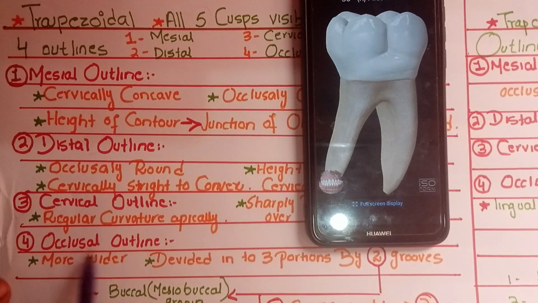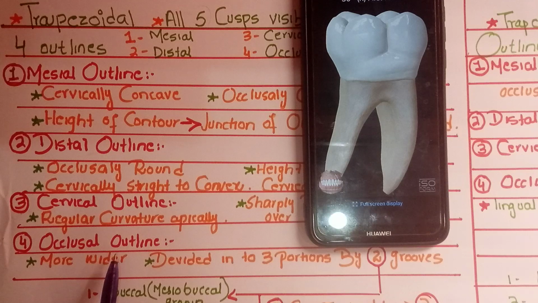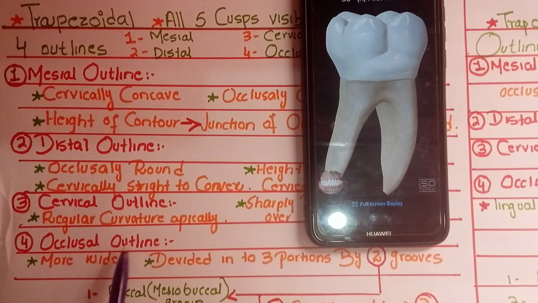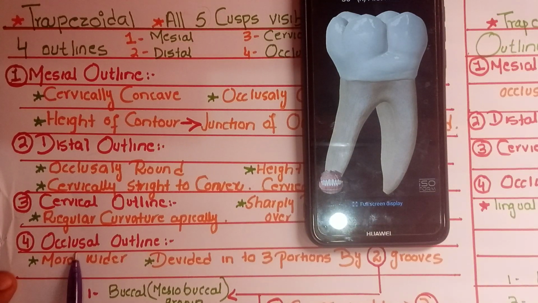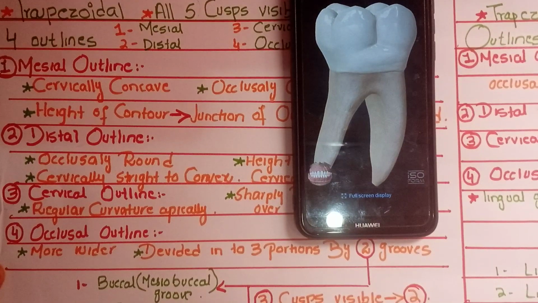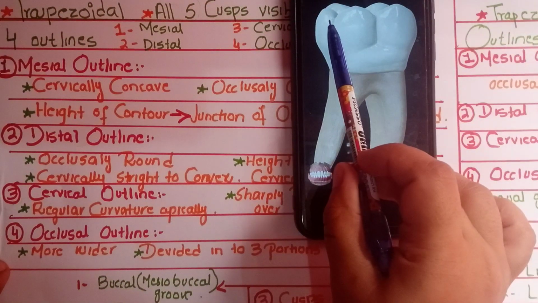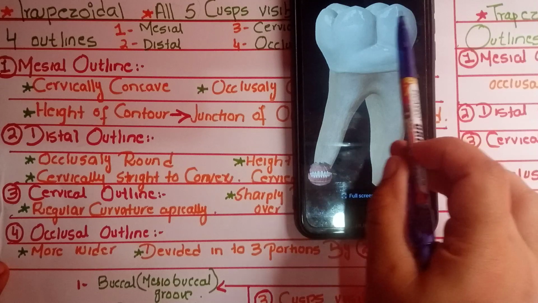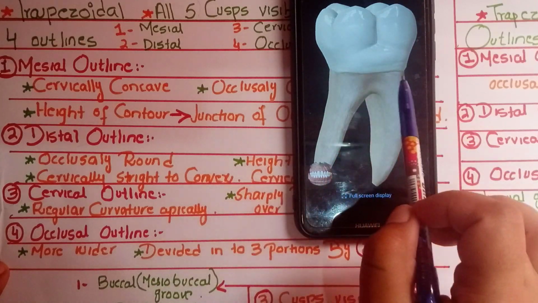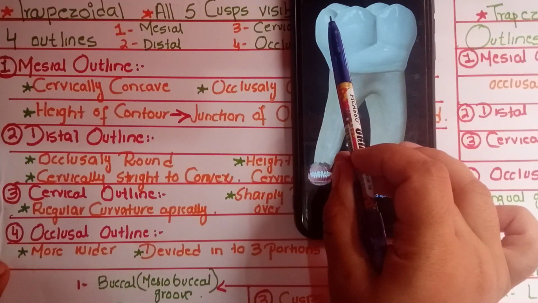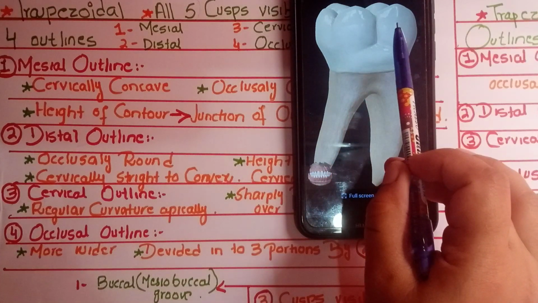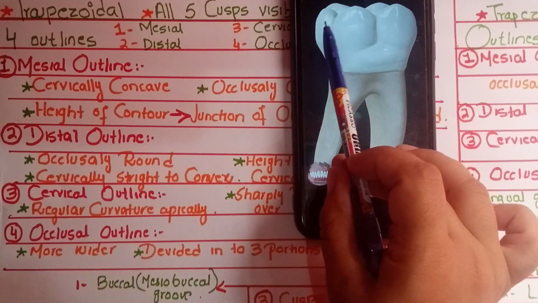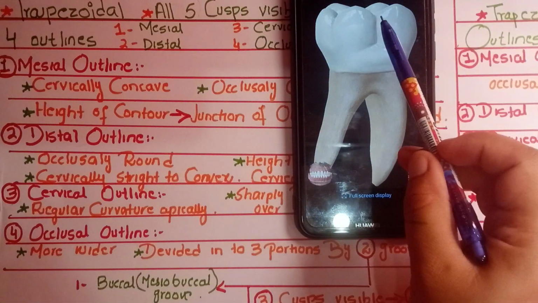Now the most important and most extensive outline is the occlusal outline, and there are many important anatomical landmarks on this outline. The occlusal outline is wider than the cervical outline, and as you can see, it is divided into three portions by two grooves.